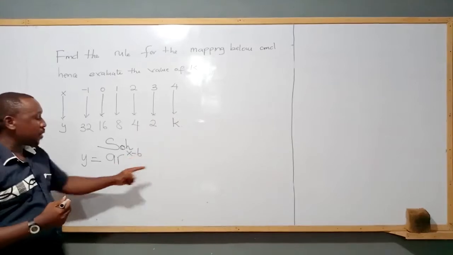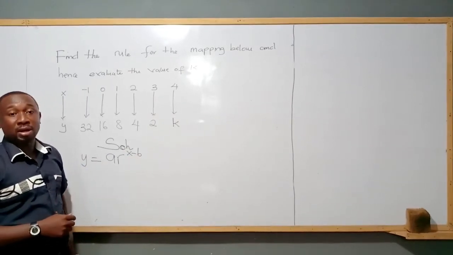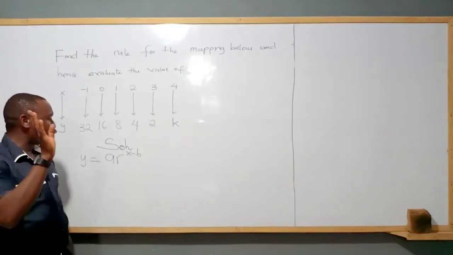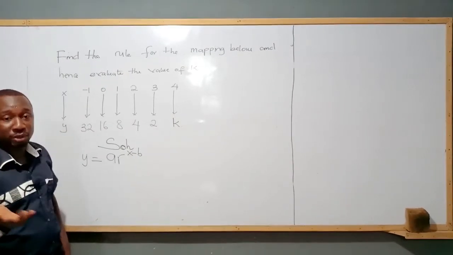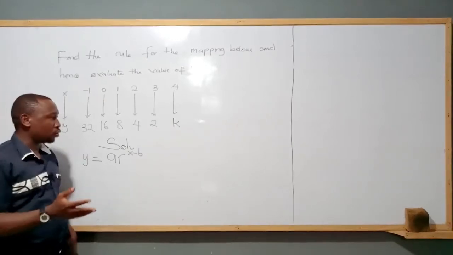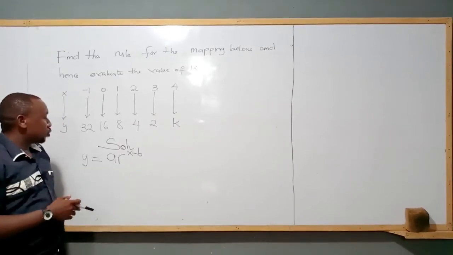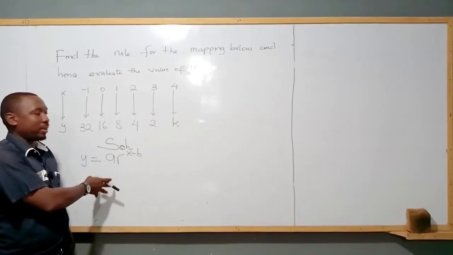The formulas differ depending on the kind of textbook that you are using. Others use P R to the power x minus b. So it depends on where your source of information is. So this is the formula for finding the rule for the mapping.